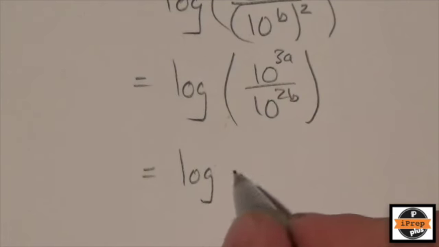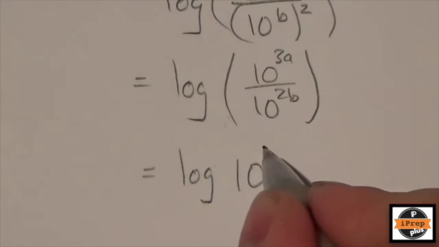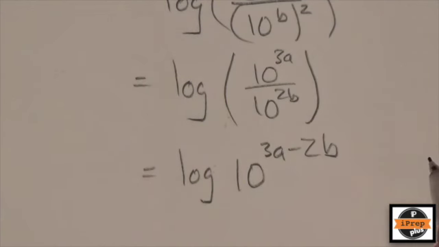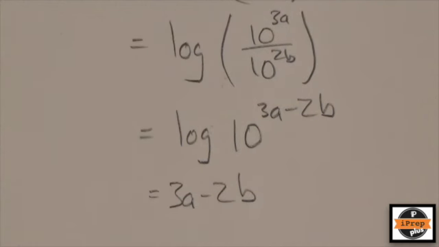So this will be the common log of 10 to the 3a minus 2b. Sorry, I see a mistake I made in my notes. Now I've got the log base 10 of a power of 10, so this will end up being 3a minus 2b.